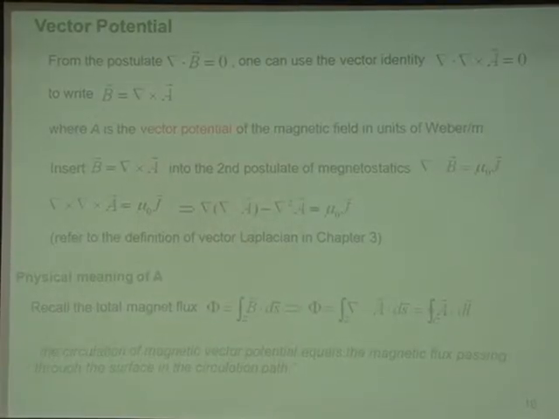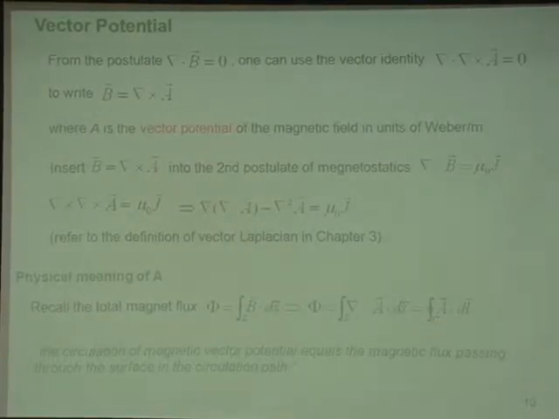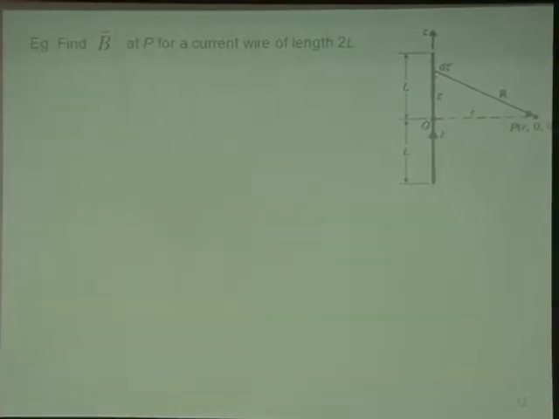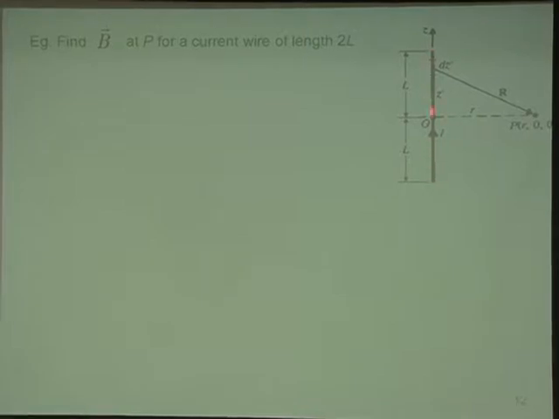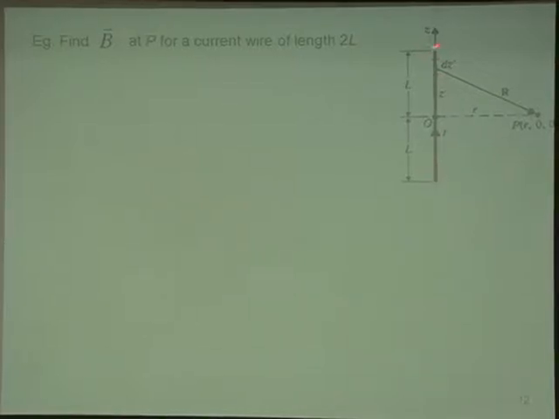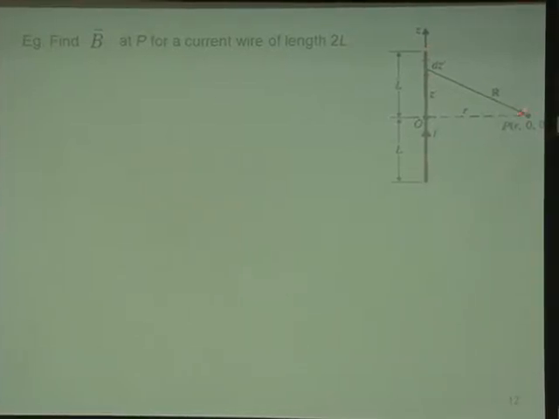But in calculation, because the direction of A is exactly the same as your current direction, the calculation becomes relatively much simpler. So let me give you one example. Suppose that you have a small piece of current that starts here and ends here, and you want to figure out the magnetic field at this location.